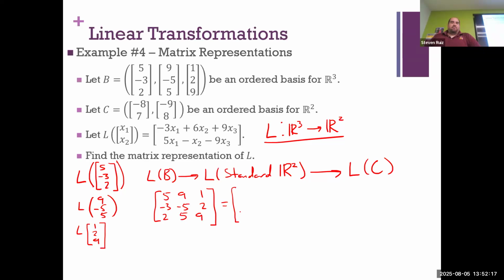Do we gotta do this again, or did someone write down what the results were? That shouldn't take long. Negative 15 minus 30. Negative 27?